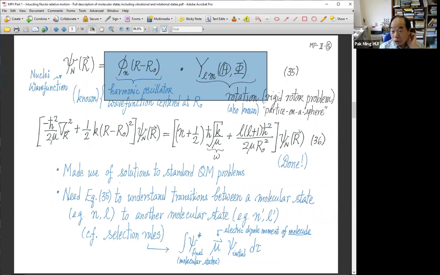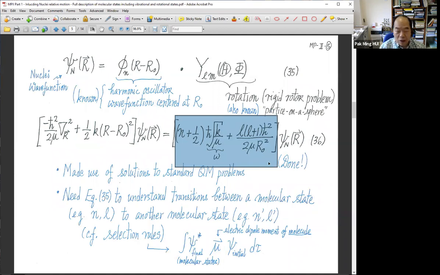This is separation of variables. The wave functions will multiply while the eigenvalues will add. That is the spirit of separation of variables. So we have used that here, okay? Nonetheless, we solved the problem, okay? So let me summarize. We are done. The rest are the consequences, okay?